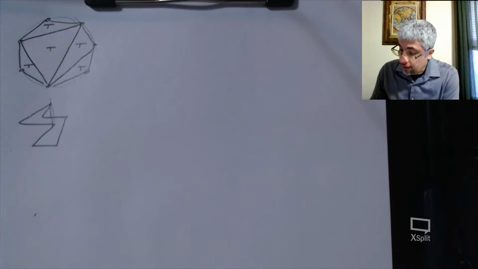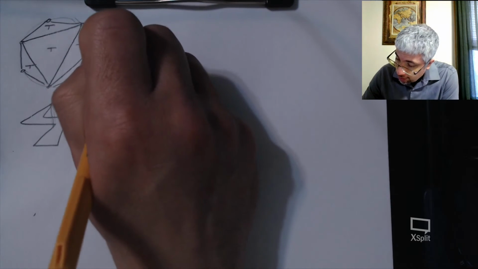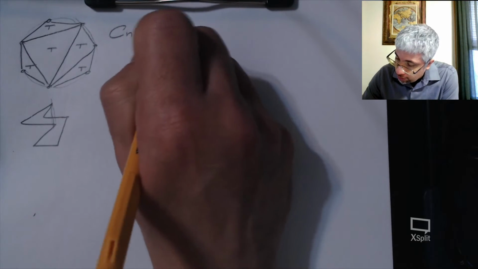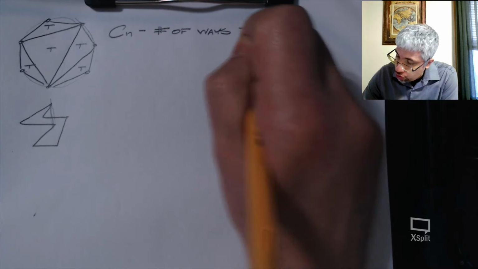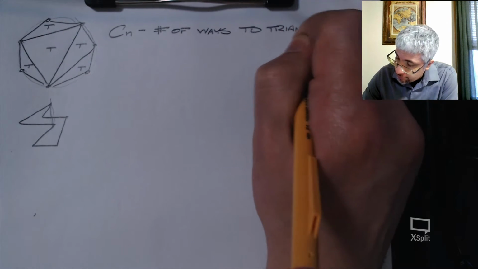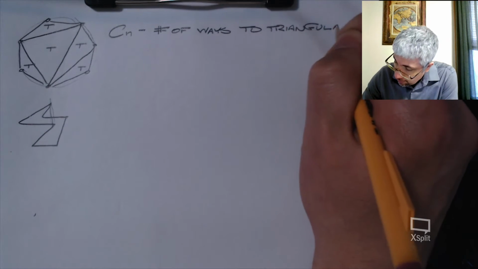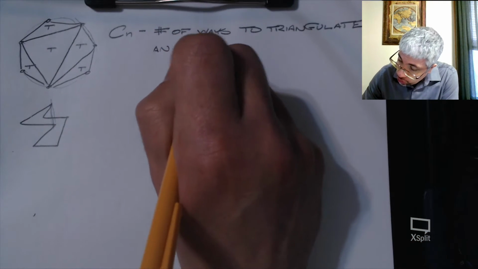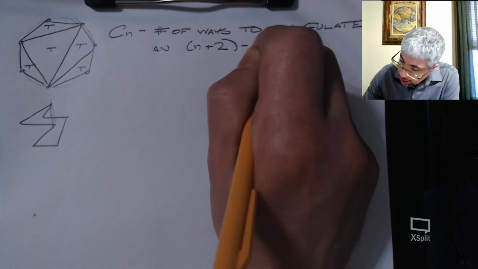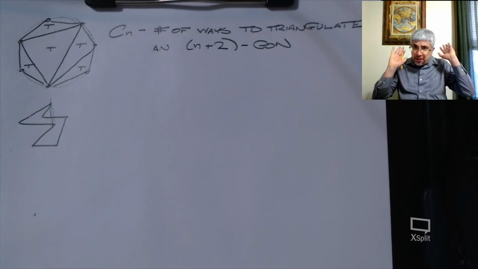Okay. So what I want to know is, let Cn be the number of ways to triangulate an n+2 gon. Now you might say, okay, why the n+2 gon?